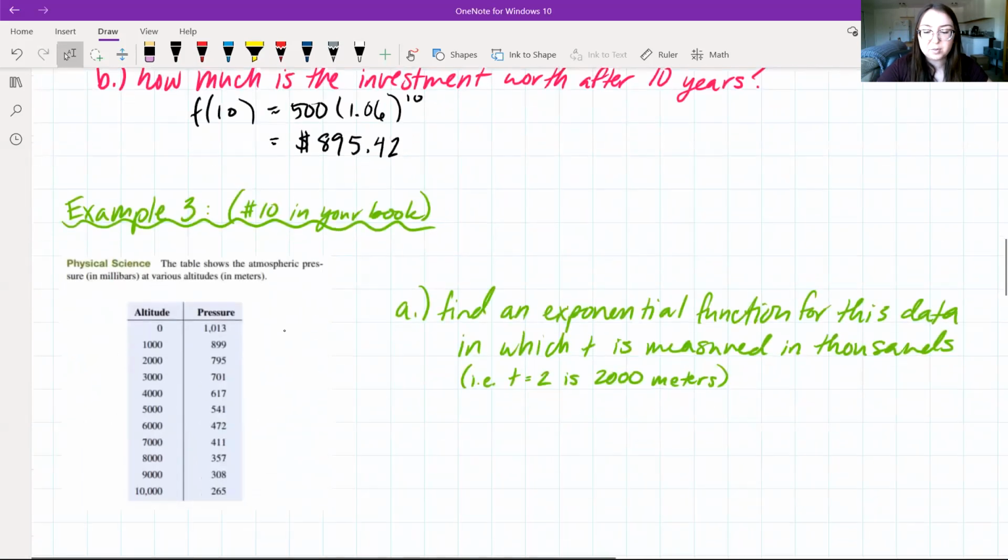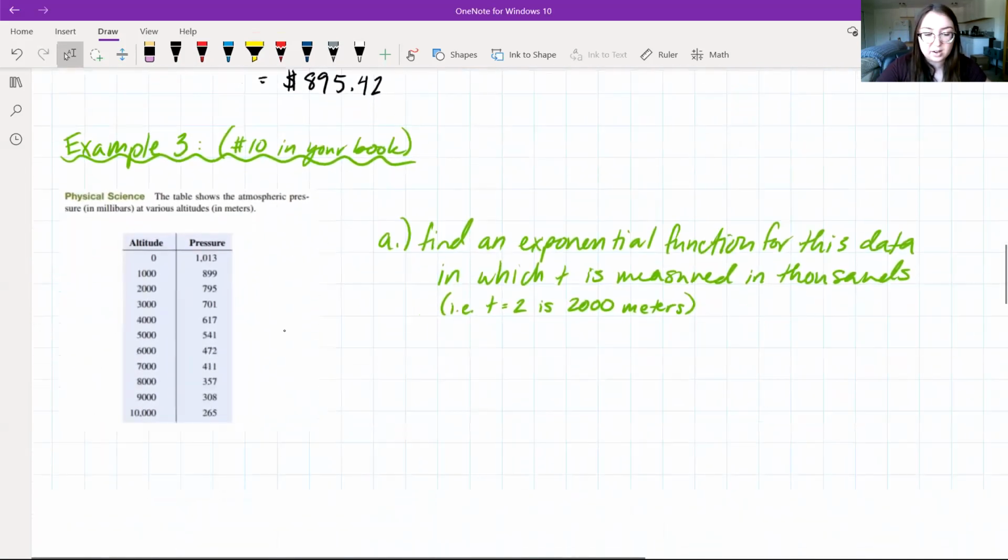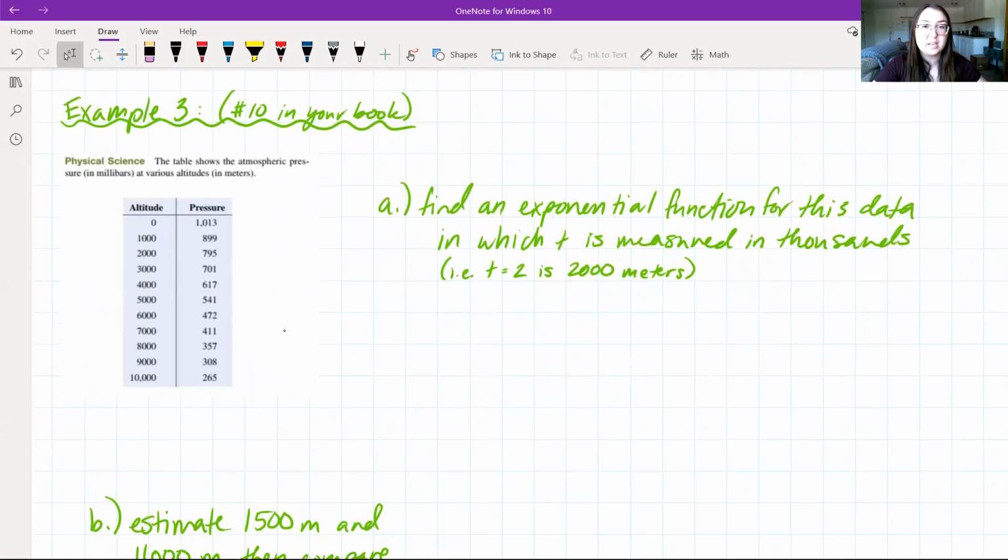All right, so now we can move on to example 3 here, which is number 10 in your book, and it is a physical science question. So we have our little description here, which says our table shows the atmospheric pressure in millibars at various altitudes in meters. So we have this chart here, and we have altitude starting at 0, going up to 10,000 meters, and it looks like our pressure in millibars is definitely decreasing.